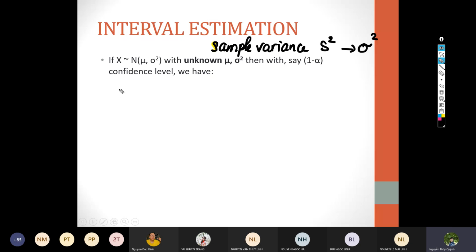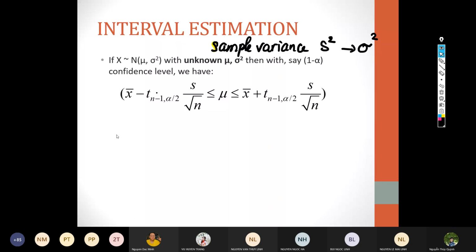We will use the critical value of t, not the critical value of z.